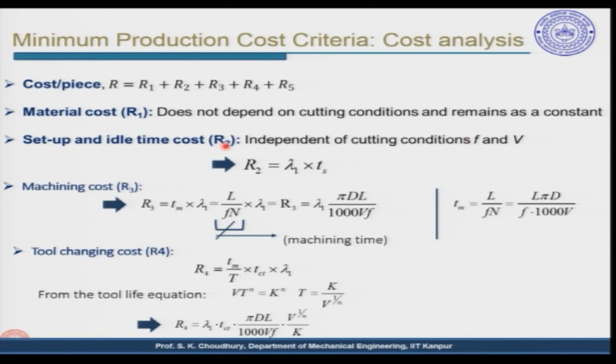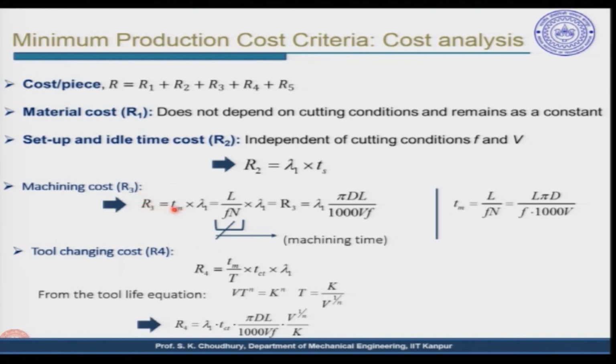So, R2 is given by the overhead and labor cost you pay for the settling and idle time per piece Ts. So this is lambda 1 into Ts. Now, the machining cost is how much you spend on machining that particular part.